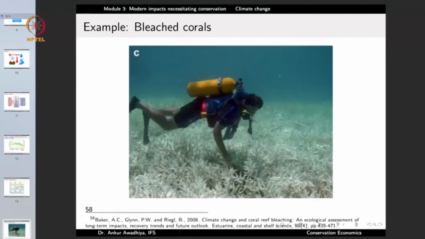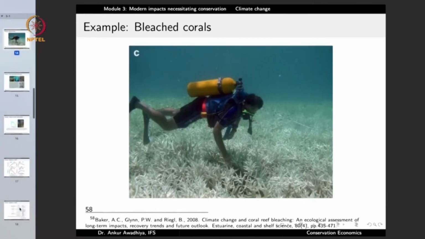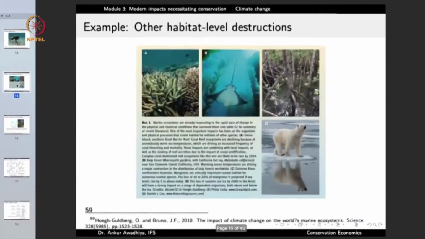And this dying of corals is manifested in the form of lack of color. So we are observing more and more coral bleaching. We are observing that the ice cover near the poles is going down, which is putting species like the polar bear under a much greater threat.